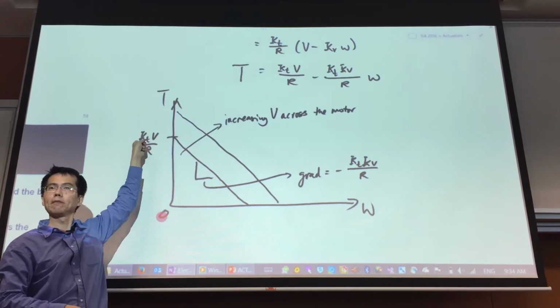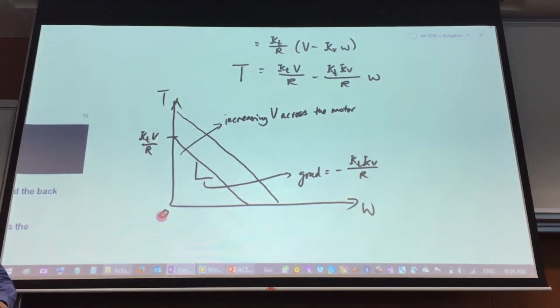In fact, this torque over here is what we call T0, the stall torque. Stall torque, at the condition when omega is equal to zero, is given by this.